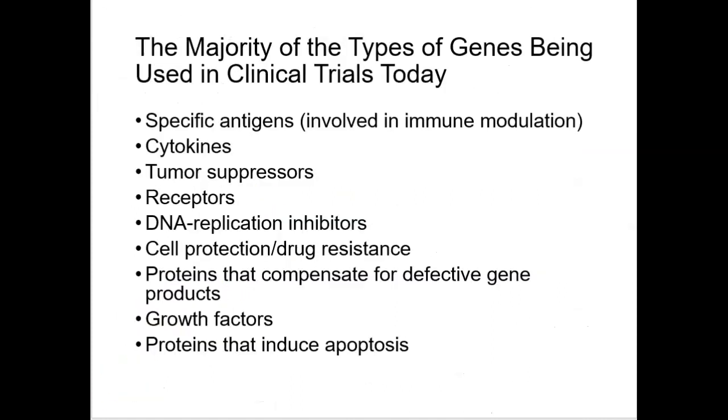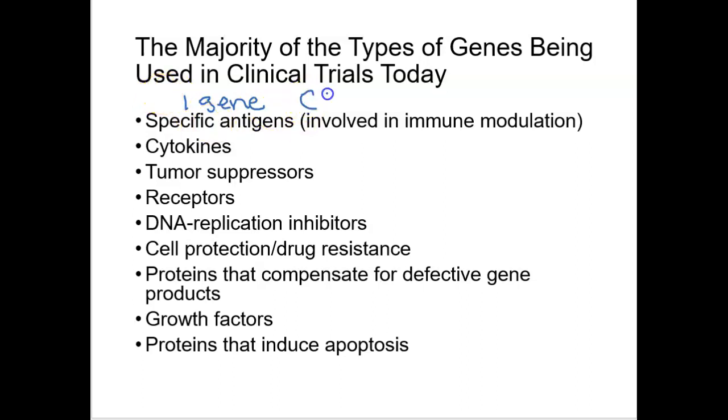Now, what diseases are good targets for gene therapy? So the best targets are ones that involve just one gene, one broken or defective gene. Then it's a lot easier to bring in just one functional gene, replace one faulty gene.